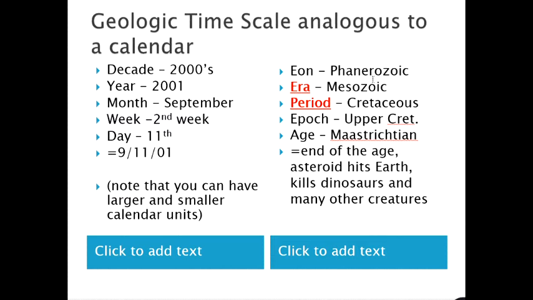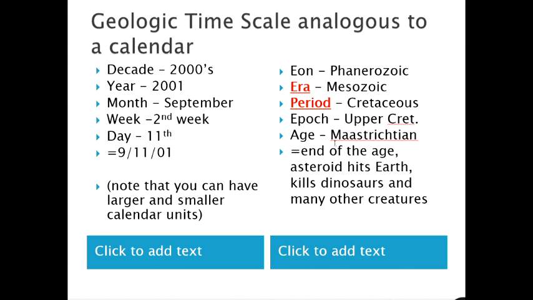The geologic calendar is analogous in that we have big groupings that go smaller and smaller, and they define times. We can say there are the eons, and there's the Phanerozoic, the eras and periods, epochs, ages, etc. At the end, if you follow this all the way down, the age of the Maastrichtian, at the very end of that age, 65 million years ago, an asteroid hits planet Earth, kills dinosaurs, many other creatures, another event, a catastrophe.